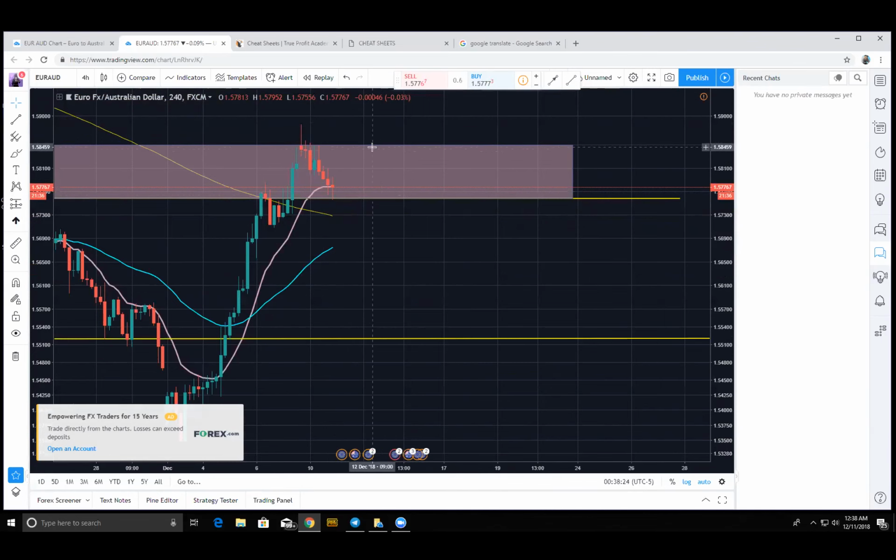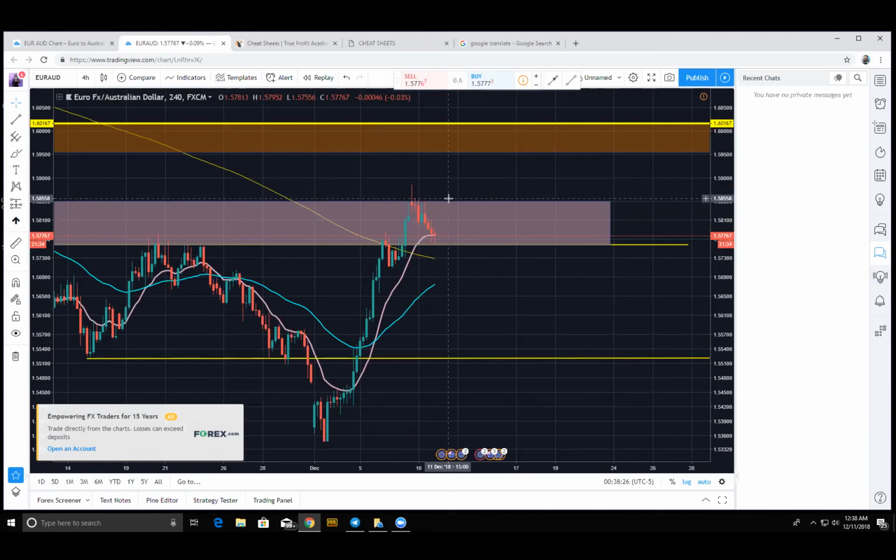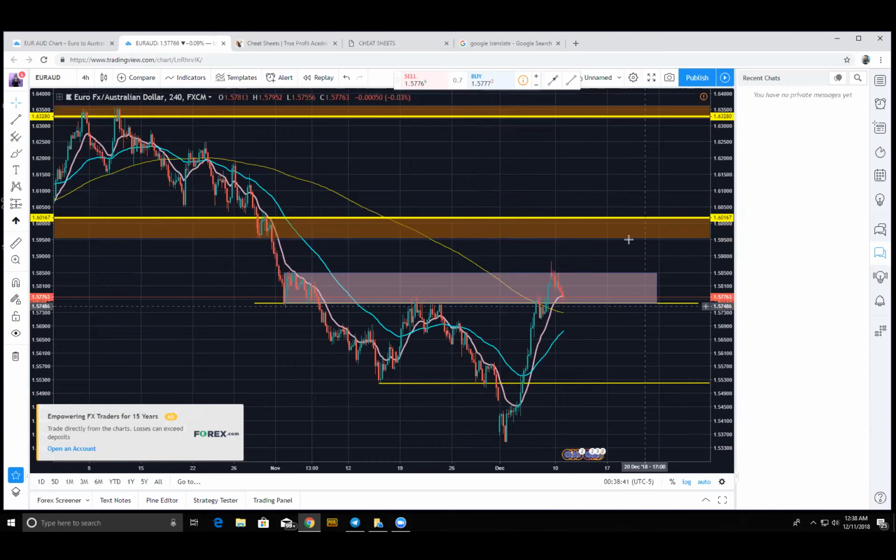For my risk to reward, I know that the London market opens in about 2 hours, so that's where more of the momentum is going to come in. But if it comes back and retests this as a resistance, I'm going to get out right away and just see where the market actually takes it.